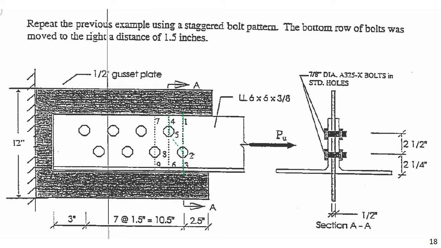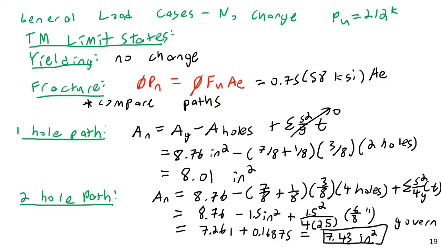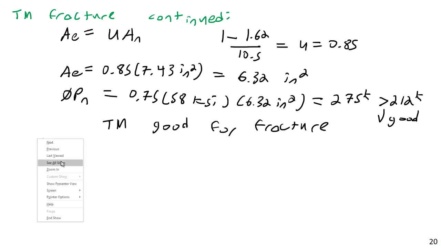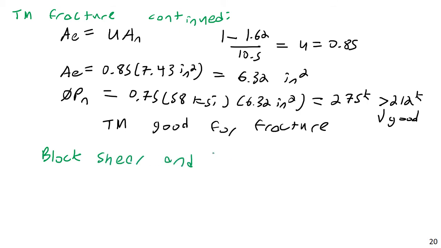The number of bolts really isn't going to change, so we don't need to be worried about that. So for this example, block shear and bolt strength are the same as the previous ones, so we don't need to revisit those.